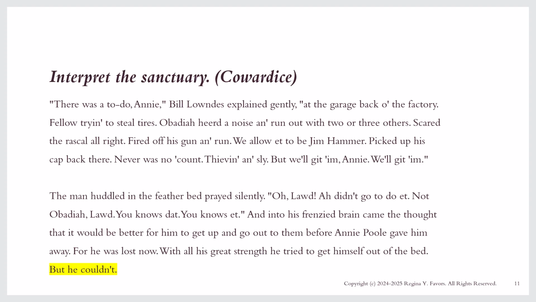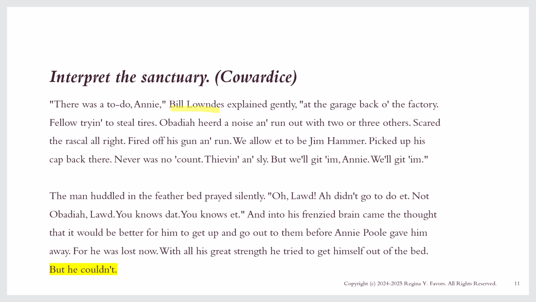He is a coward. He's already killed somebody, but he's also the type of person who won't take responsibility. So he's going to use this sanctuary that he premeditated to go to, even though he could save himself. Bill Lowndes here is the sheriff. He's law enforcement. So there's some aspect of this slide that's missing.